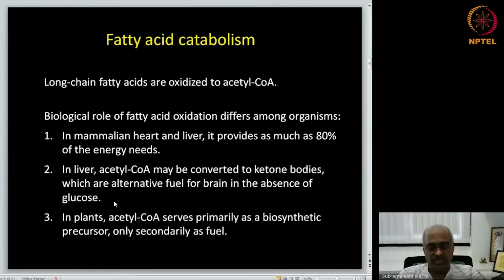And also we have skipped the degradation, that is the catabolism of amino acids as well. So we only focused on how the amino group is removed out from the amino acids and how that is excreted. So we saw the amino group, the nitrogen entry and nitrogen exit alone we saw. And there again, the exit we focused only on what happens in mammals, the urea cycle alone we saw.